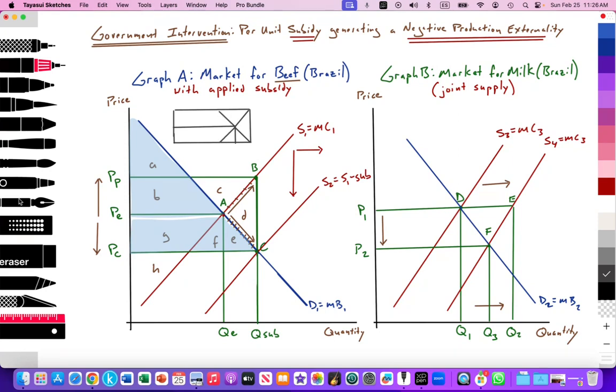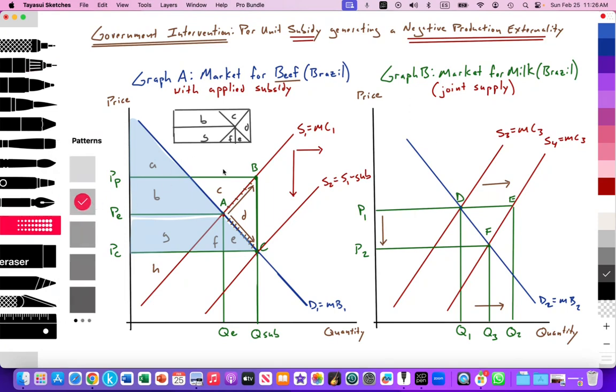Here I'll label again areas B, C, D, E, F, and G. Out of this total amount of government spending on the subsidy, the consumers get areas B, F, and E from that subsidy money, the increased savings to consumers.